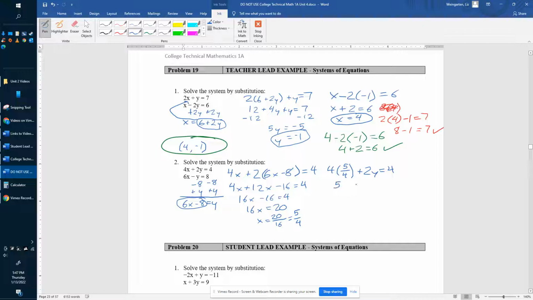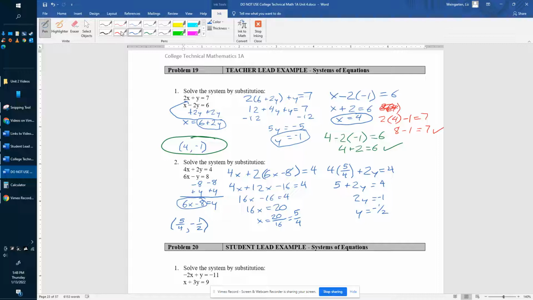And again, that simplifies to 5 plus 2y equals 4. Subtract 5 from both sides, we get 2y equals -1. y equals -1/2. So our ordered pair is going to be 5/4, -1/2.